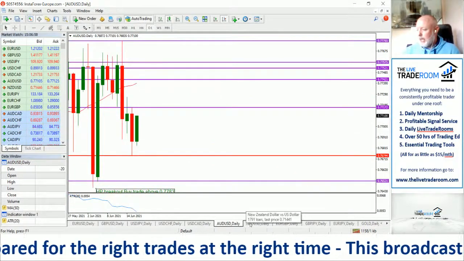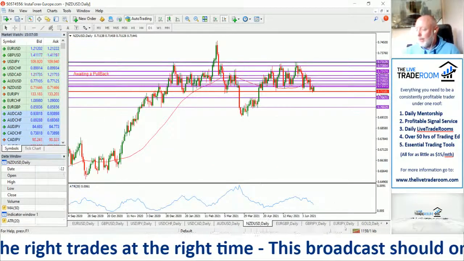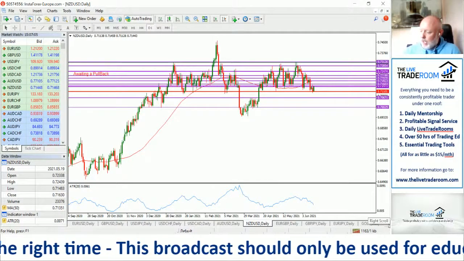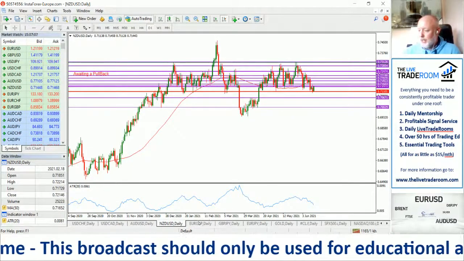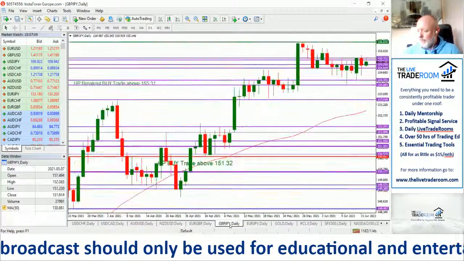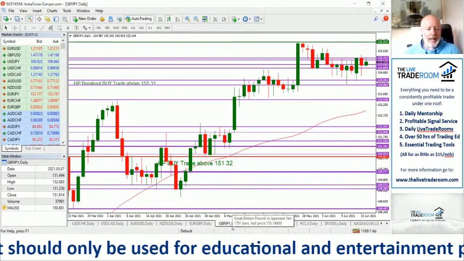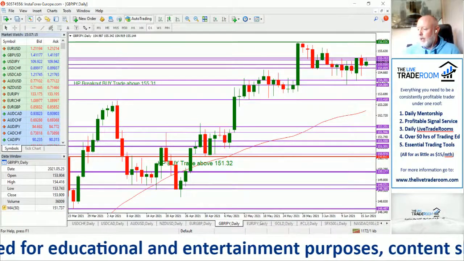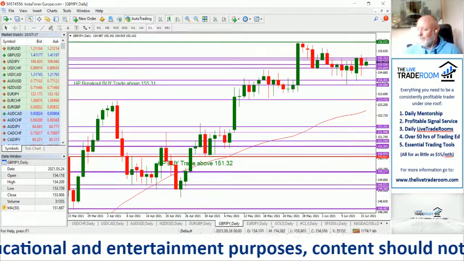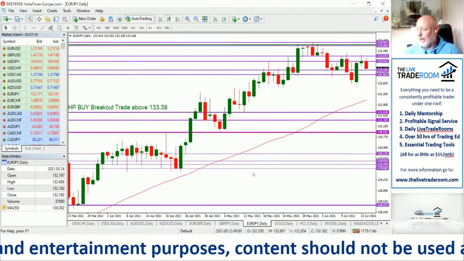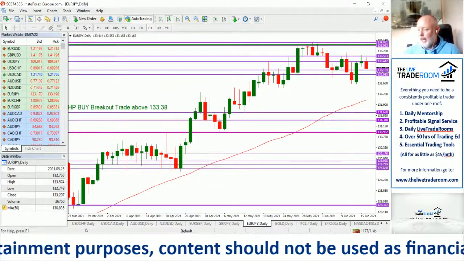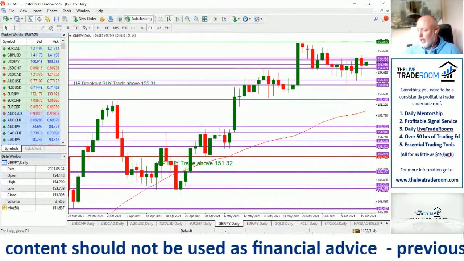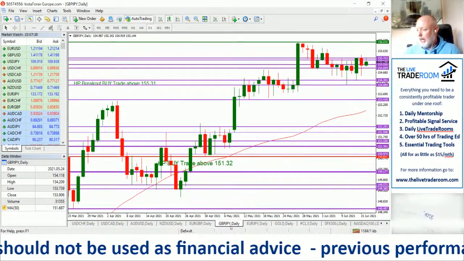The CAD, the Aussie, and the New Zealand are all rebounding against the dollar. So it's not like we're seeing capital come out of global indices and into the US dollar, which is what you would expect if you're taking recent correlations into account. Is the yen strengthening? You can clearly see it's not, more so against the euro and the dollar, but not so much against the pound. So we're not really seeing the strength in the yen pairs either.